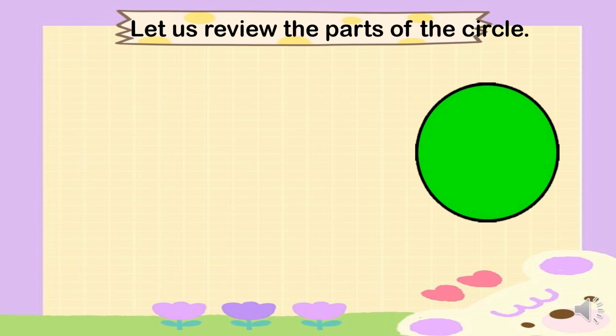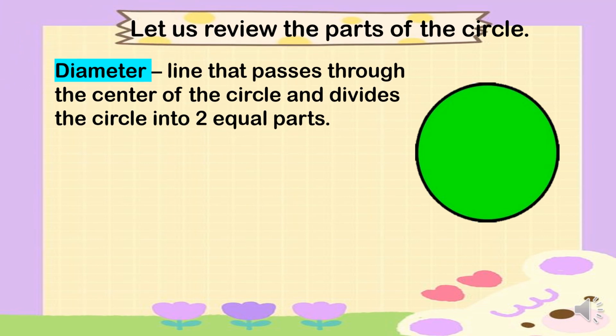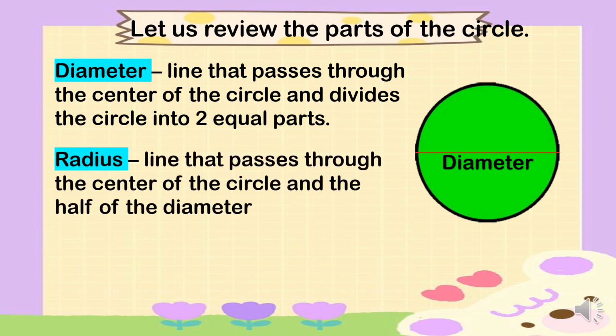Let us review the parts of the circle. First, we have the diameter. Diameter is the line that passes through the center of the circle and divides the circle into two equal parts. Second, we have a line that passes through the center of the circle and is half of the diameter, and we call that the radius.